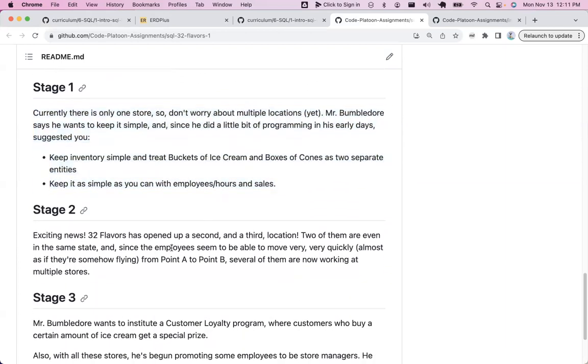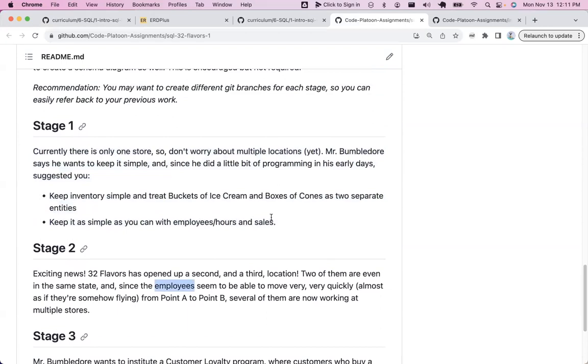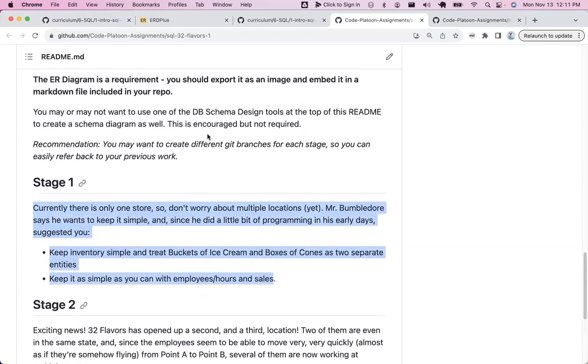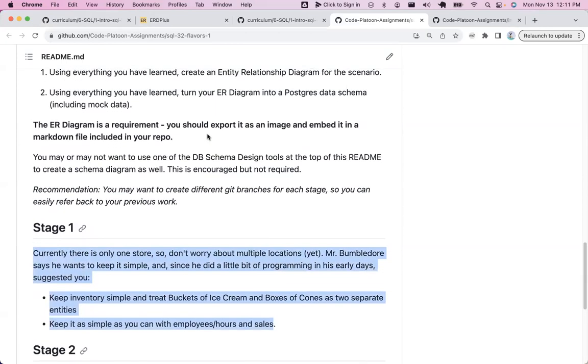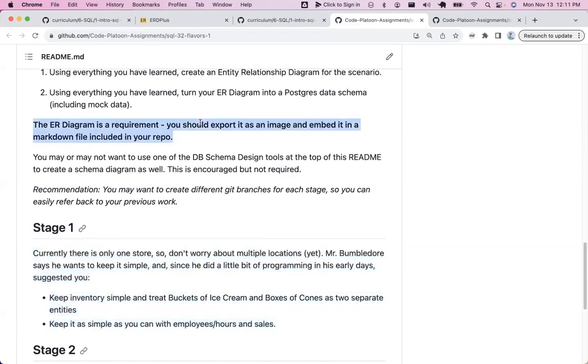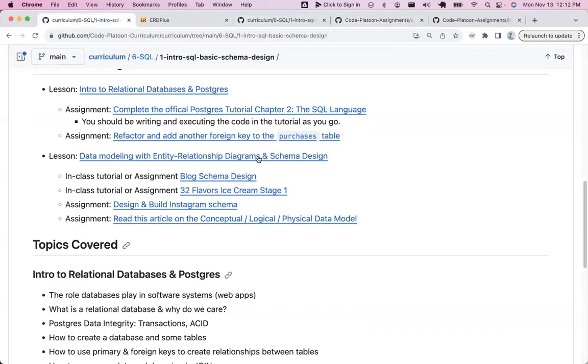And as we go on, we'll start adding multiple store locations. But for today, it's just stage one. So for this, I do want you all to design an entity relationship diagram and then build a data schema. And then we'll be building on this as we go through the week.